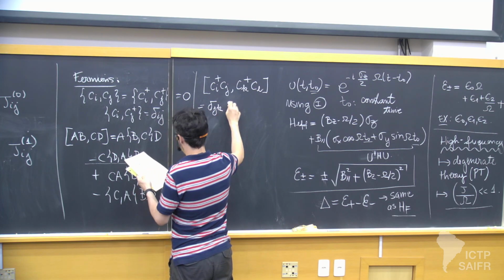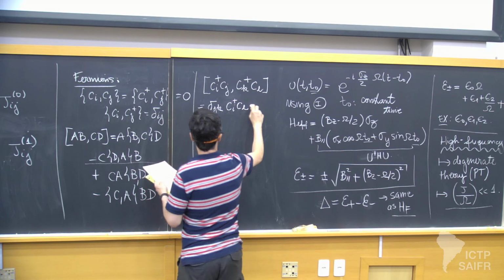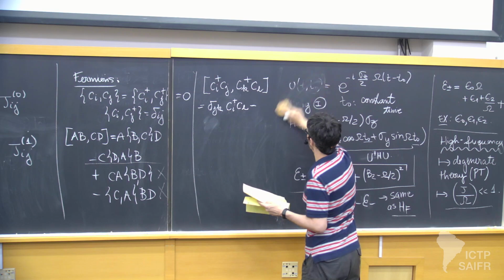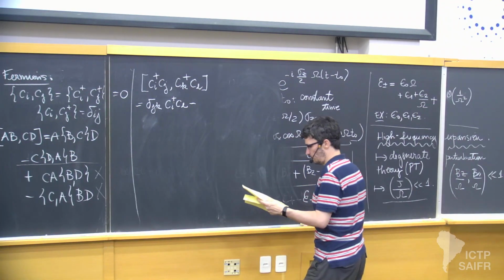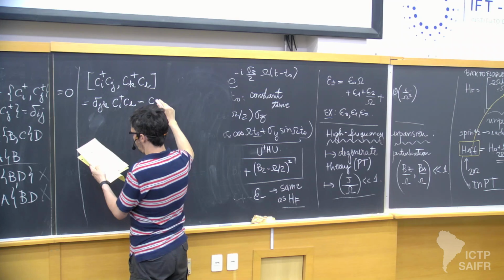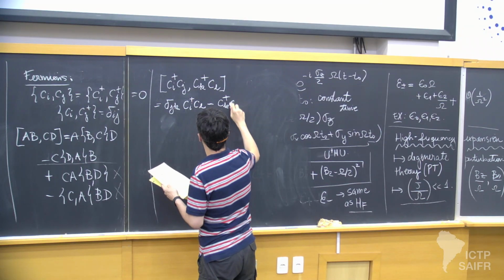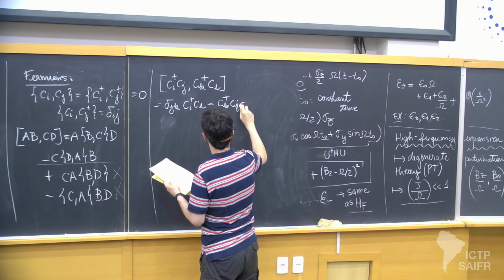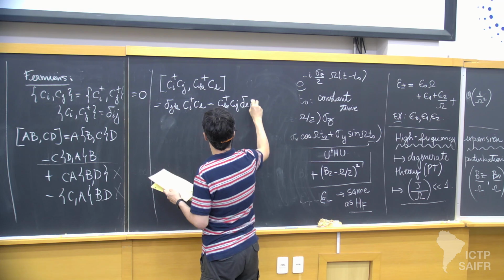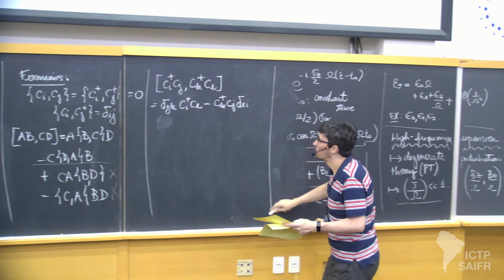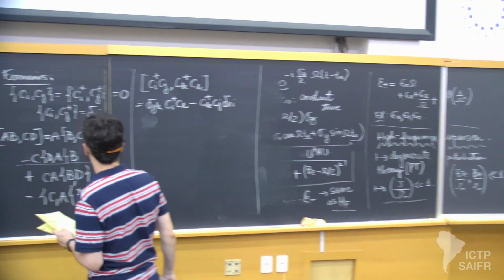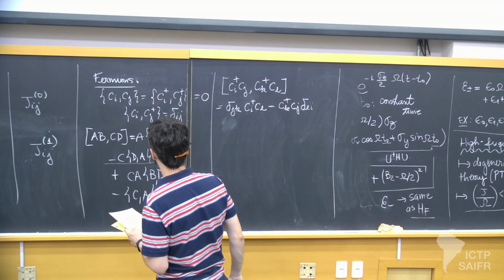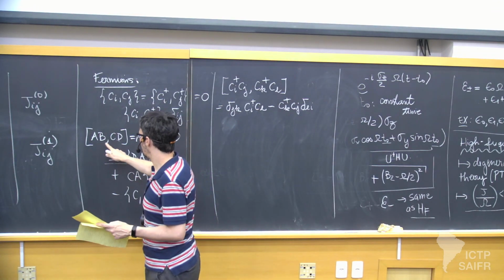J_KL Ci dagger Cl minus Ck dagger Cj delta_Li. Okay? This is a commutator, yes.